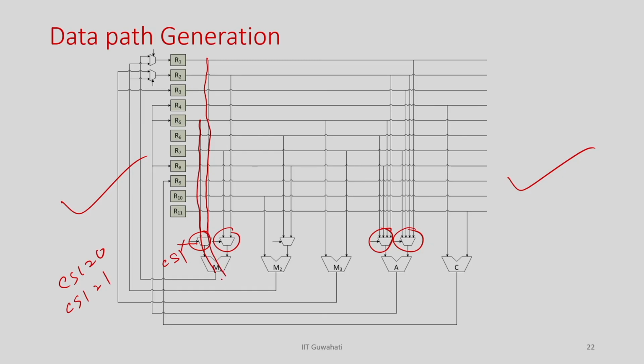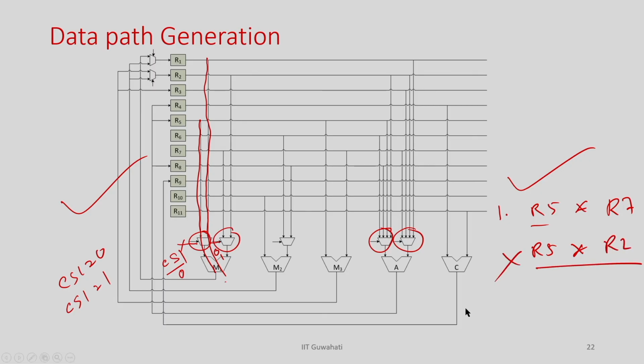But I have to determine in each clock which operation is to be executed, because in clock 1, I am going to do R5 into R7, right. So, I have to give CS1 equal to 0 and this one also 0, right. If I give this, then only this multiplier will do R5 into R7. If I give 0 here and 1 here, then the operation R5 into R2 is going to execute, but that is wrong.